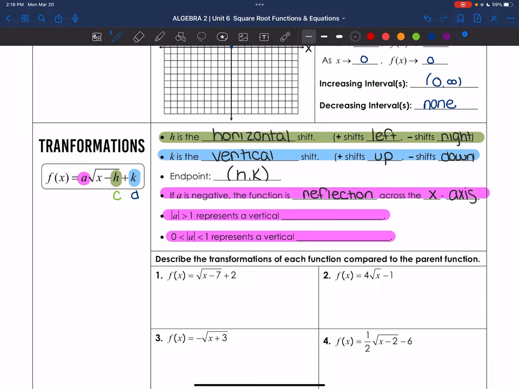And if the absolute value of your a is some value greater than 1, like if I had a 4 or even a -3, or a 7 or a -1.5, these are all examples of values of a whose absolute value is greater than 1. Then what we'll have there is called a vertical stretch.